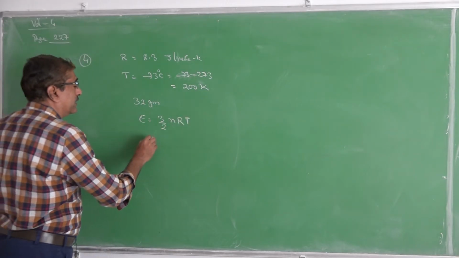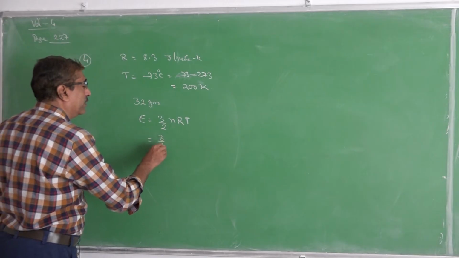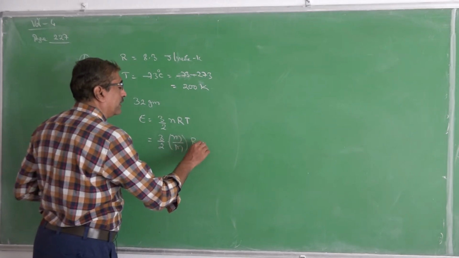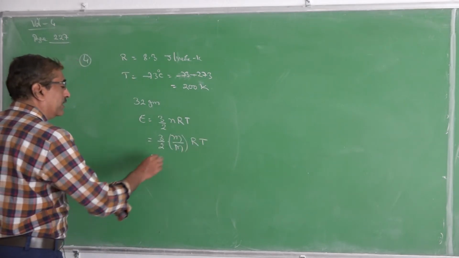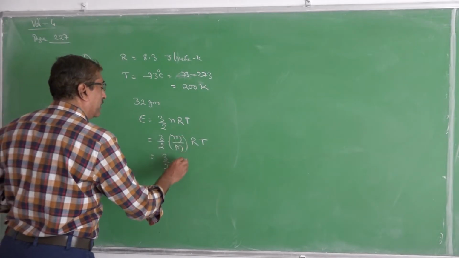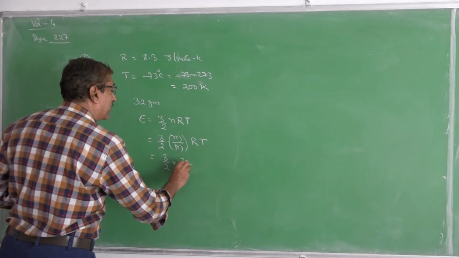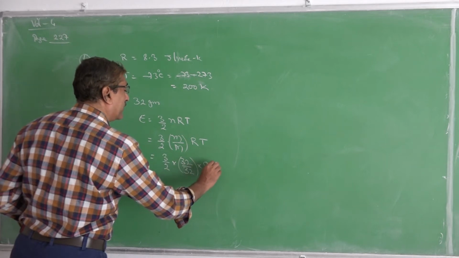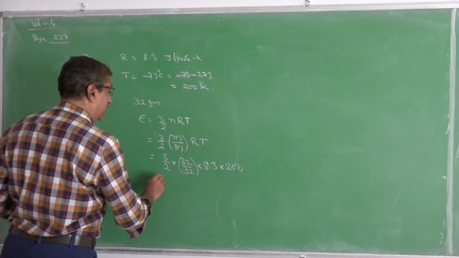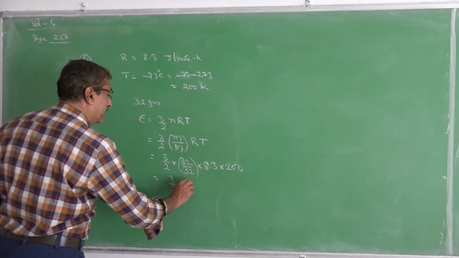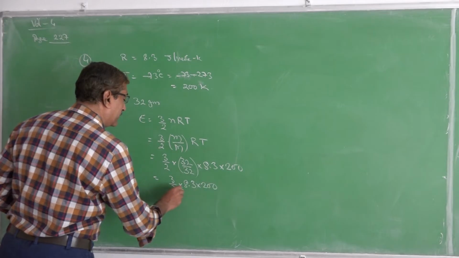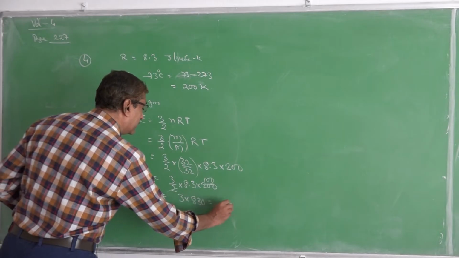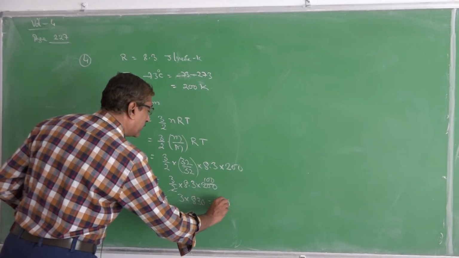So average, that is 3 by 2 into n, which can be written as mass by molecular weight, into R into T. Okay, writing this, 3 by 2 into m, that is given as 32, and the molecular weight of oxygen is 32, into 8.3 into 200, and that is 3 by 2 into 8.3 into 200, that is 830, 3 into 830, that is 2490 joule.